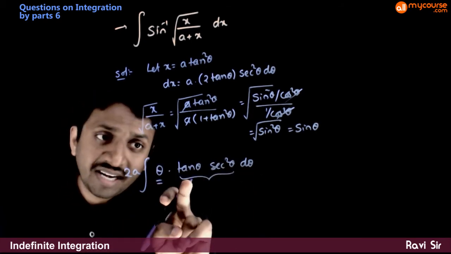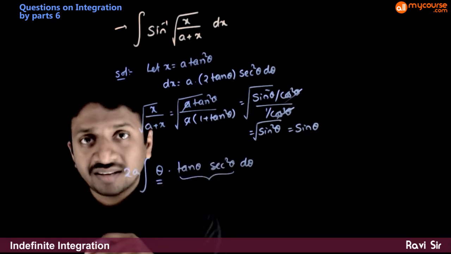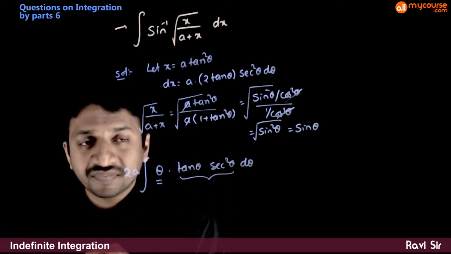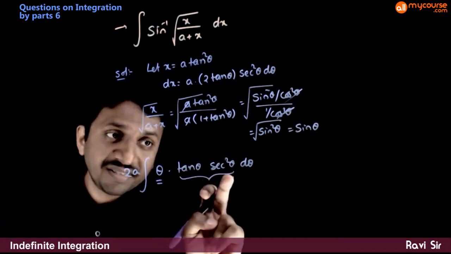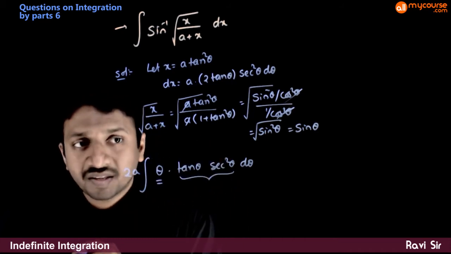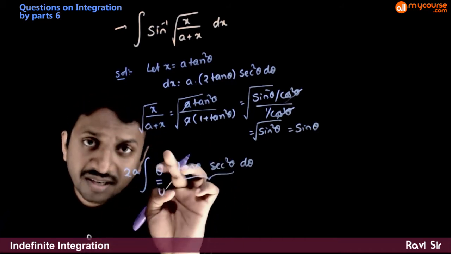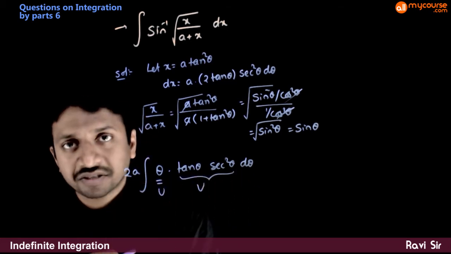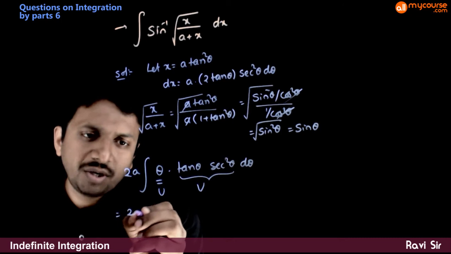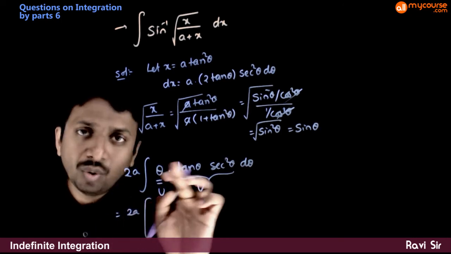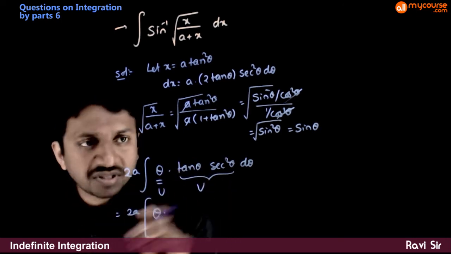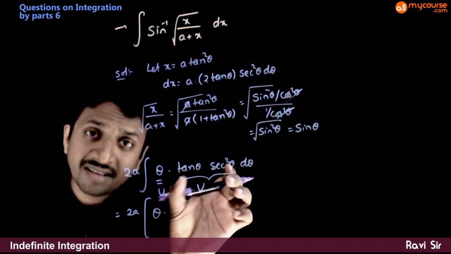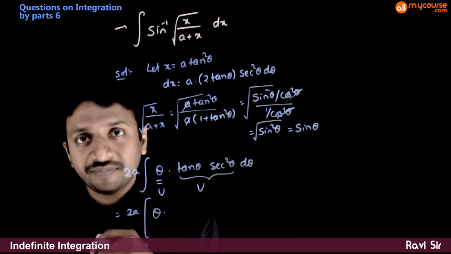If you see clearly, tan theta into secant square theta is very easy to integrate because tan theta's differentiation is secant square theta. So let us take this theta as the first function and this whole function as my second function. So that is equal to a times u integral v, theta times the integration of tan theta secant square theta d theta.